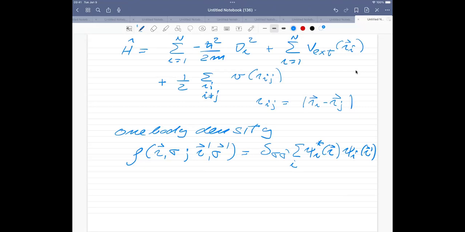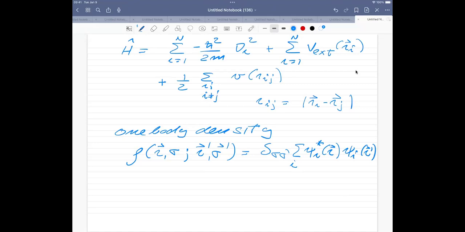Actually, that quantity is something which is calculated from, so this quantity here actually defines a one-body density, which we have discussed earlier in the semester.